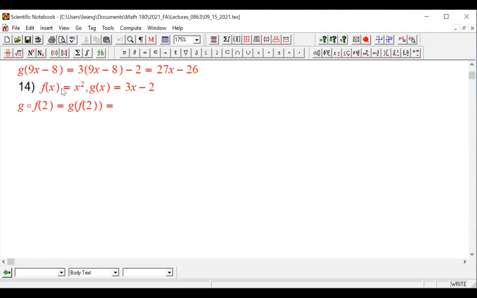So we got G, we got F, right? We always start from inside out, f of 2. We have f of x. So what will be f of 2? F of 2 will be replacing the input by 2 squared, so f of 2 would be 4.